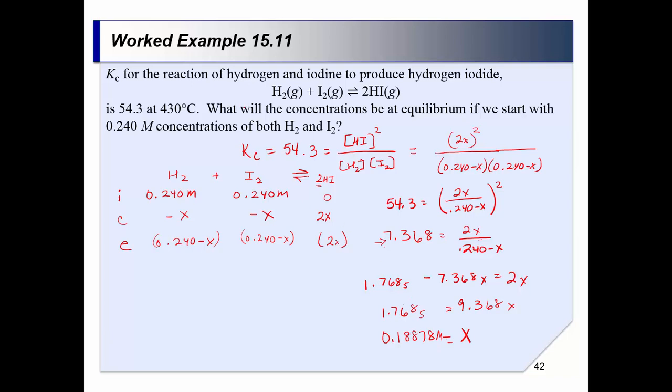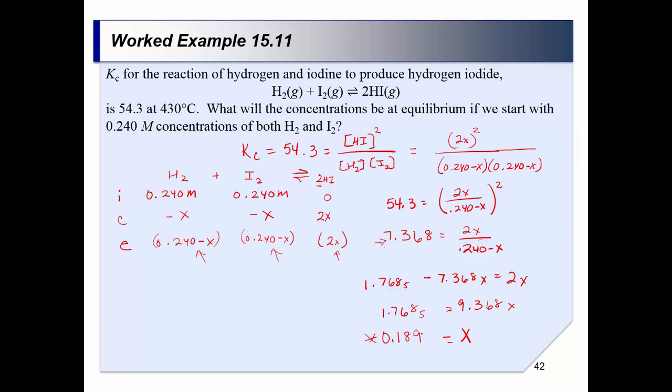Now I'm going to go back to the question. The question asks, what will the concentrations be at equilibrium if we start with this amount? Well, this is how much we change, and here is my x. So now I need to plug this 0.18878 number into these parts right here in order to solve for the equilibrium concentration. Now, because we have 3 digits past the decimal here, I'm only going to retain 3 digits past the decimal. So I'm going to round this to 9. There we are.